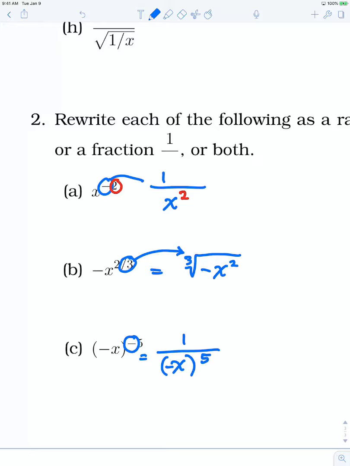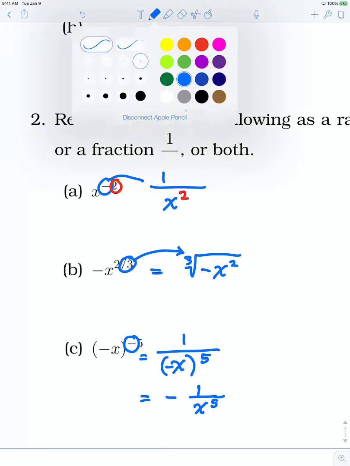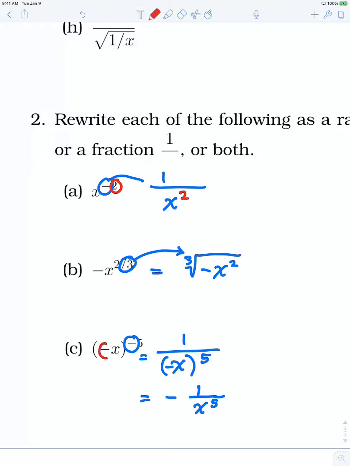So if you simplify this, you can put the negative all the way out in front, and this is 1 over x to the 5th. That negative, just to be clear, has nothing to do with the power. It's the negative that's out front.